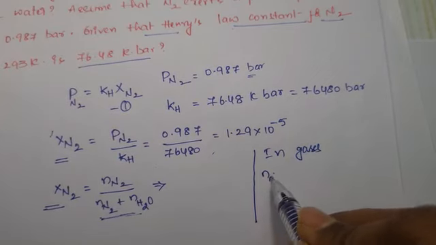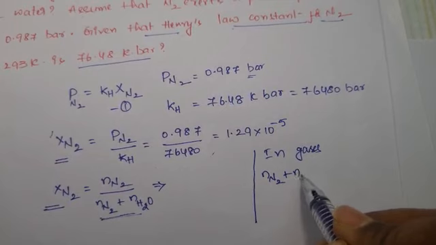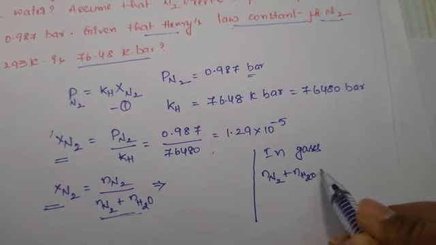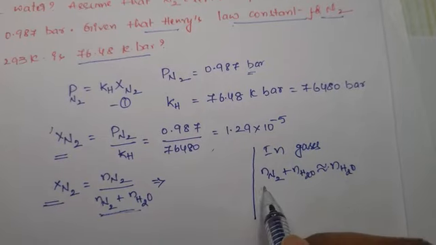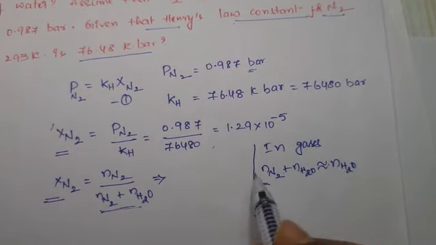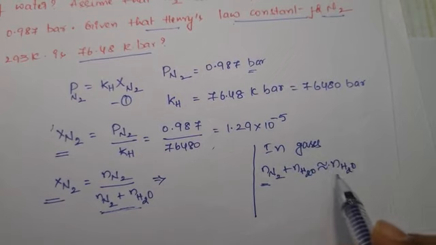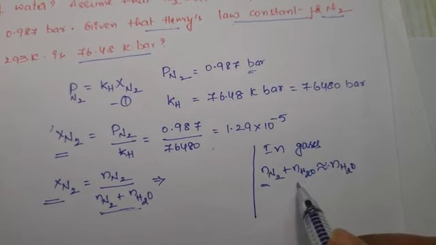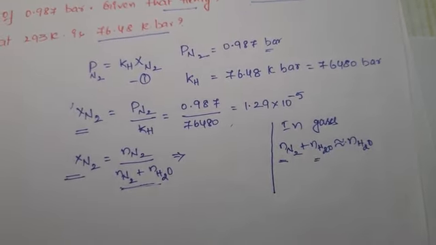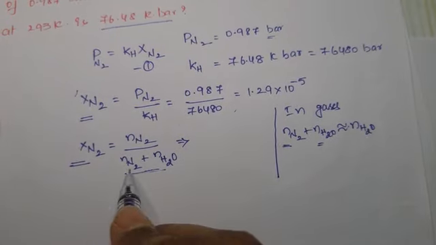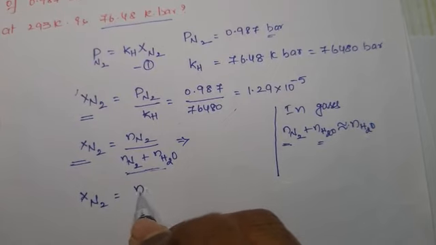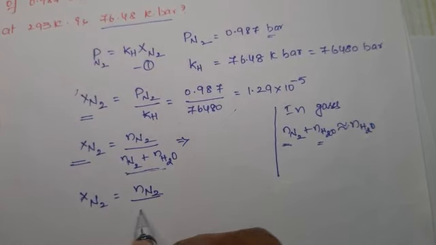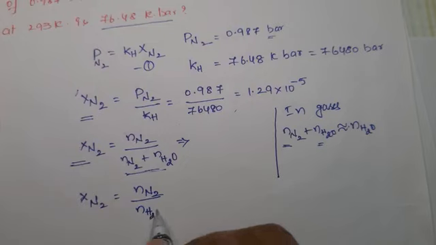Number of moles of N2 plus number of moles of H2O is approximately equal to the number of moles of H2O, because the value for the gas is very less. The moles are dominated by the solvent only. So zeta N2 equals number of moles of N2 by number of moles of H2O only.